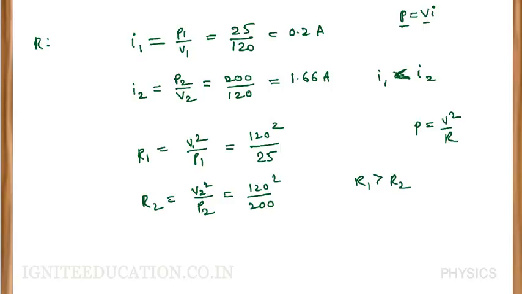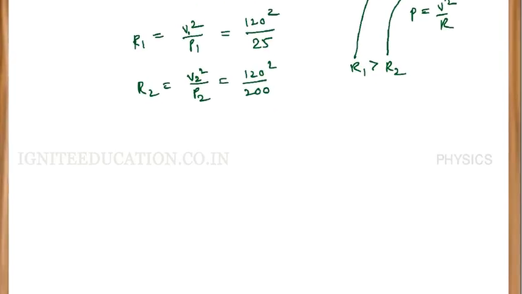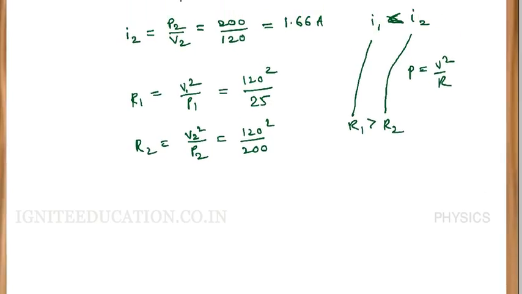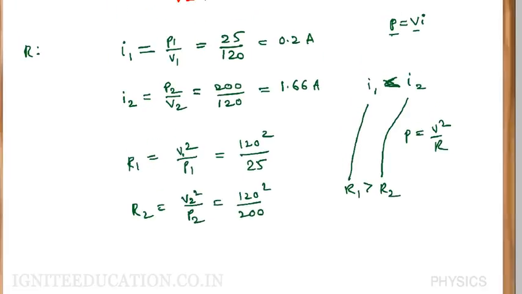Here the resistor which has more resistance draws less current, and the resistor with less resistance draws more current. So the moment you connect these resistors in a circuit, the lesser resistor like R2 will try to draw more current, that is 1.66 amperes.